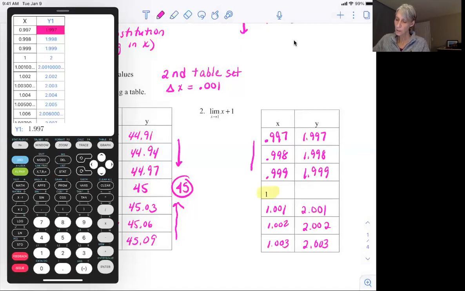As I plug in numbers that get close to 1, what's happening to your Y values from either side? They're getting close to what number? 2. Again, it matches what I get when I plug in 2, but we're not going to get too concerned right now.